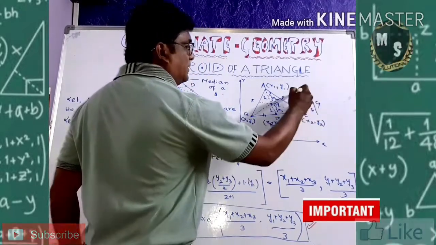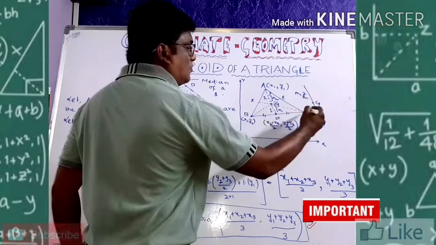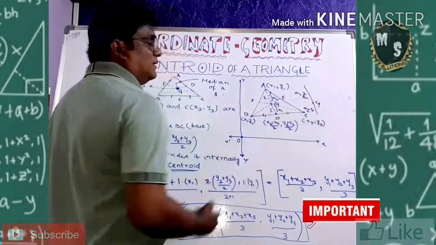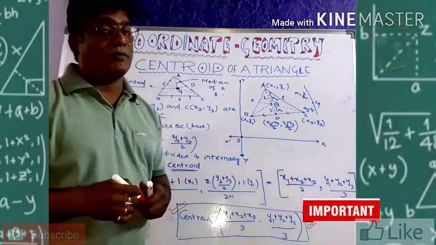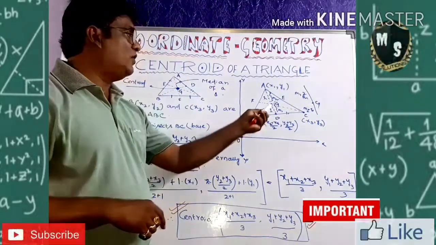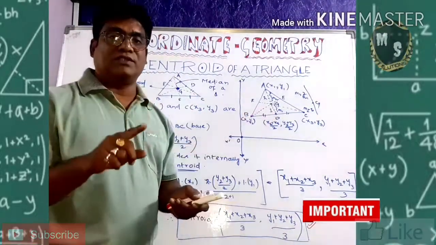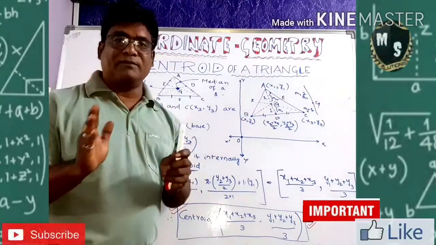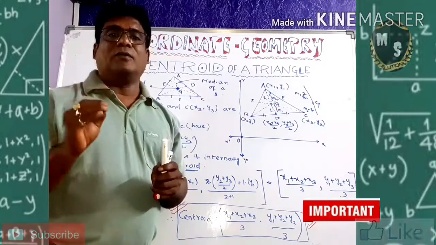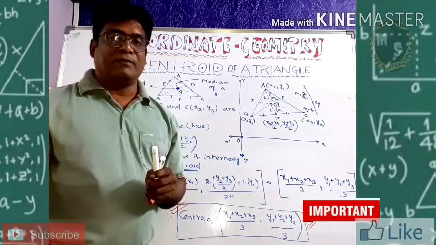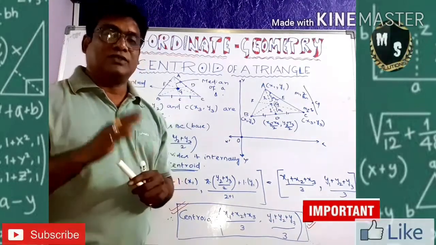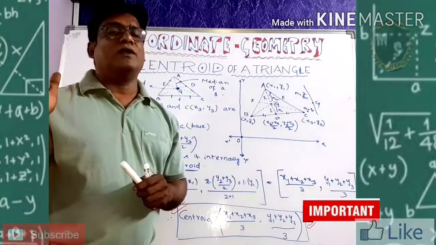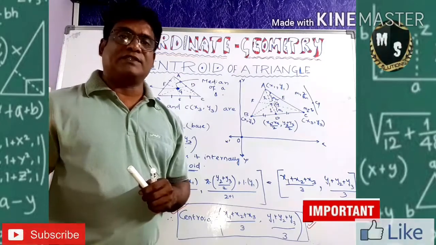So right now, what is your m1? m1 is two parts and m2 is one part, so m1 is 2, m2 is 1. Now we have to apply the section formula for point G. To calculate point G, we go for the section formula: (m1 x2 plus m2 x1) by (m1 plus m2), comma, (m1 y2 plus m2 y1) by (m1 plus m2).